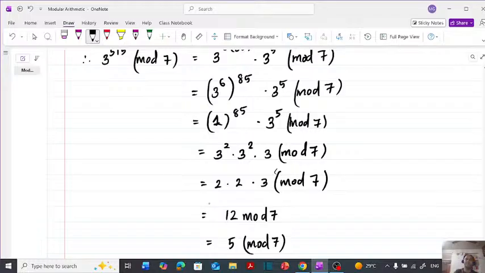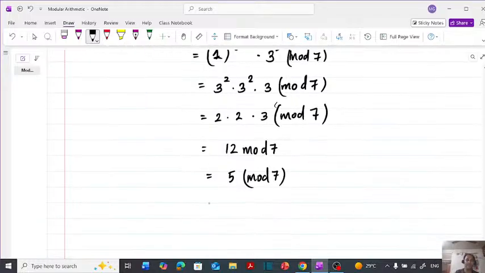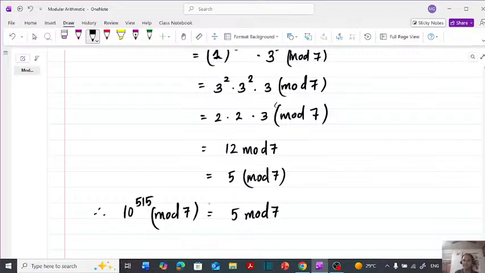So 3 raised to 515 mod 7 is going to behave like 5 mod 7. I hope you get this. Even this is a very good technique for all those who are struggling to understand the whole process of modular arithmetic.